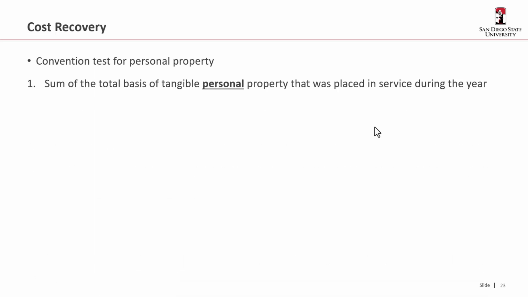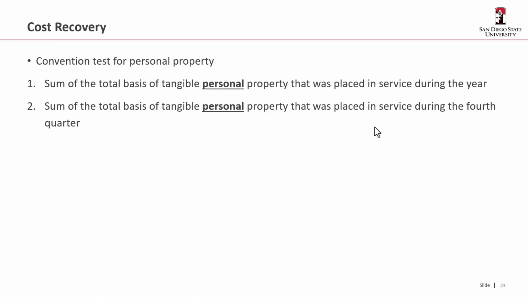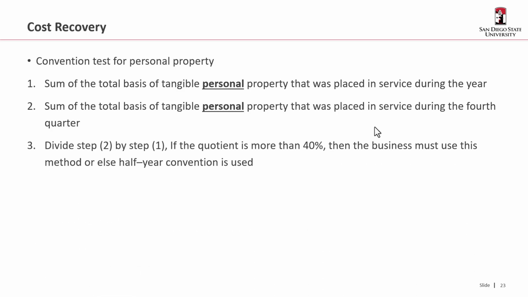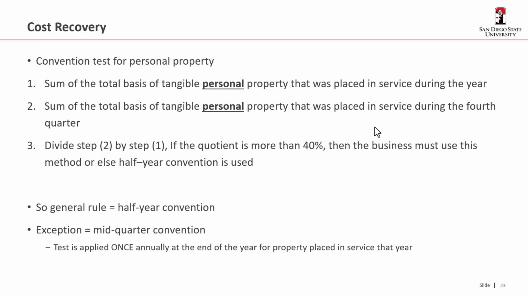So again, we're going to sum up the total basis of tangible personal property, not real property, just personal property placed in service during that year. We're going to divide it by the total basis of tangible personal property placed in service only in the fourth quarter. And if that ratio is more than 40%, then you are not permitted to use the half-year convention. You must use the mid-quarter convention.